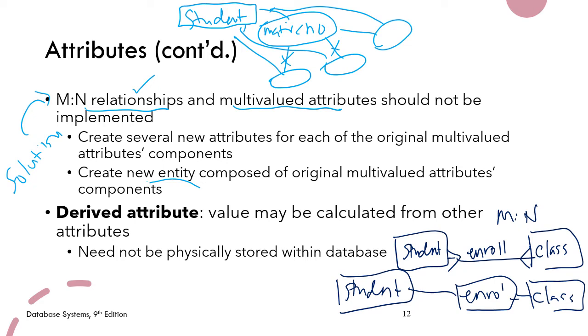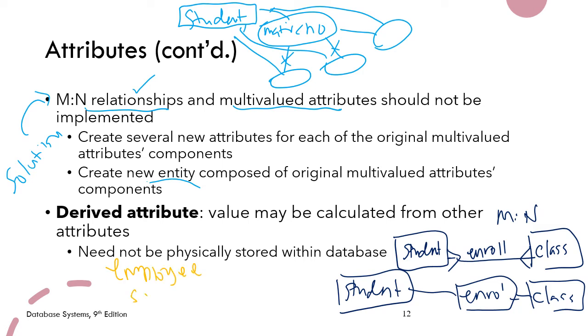Next is the derived attribute. The value may be calculated from other attributes, but it need not be physically stored within the database. A simple example is annual salary for the employee.